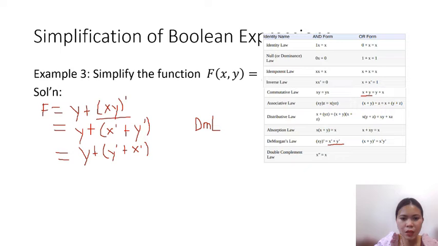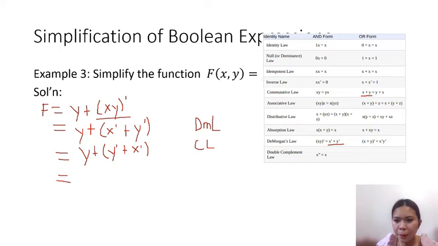So, I used here commutative law. And then, we can use here, ito si y, itong dalawang y na yan, pwede natin na siya ma-simplify using the inverse law. But before that, kailangan muna natin sila i-group together.